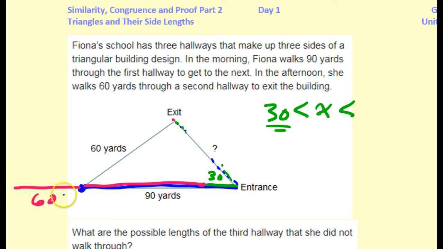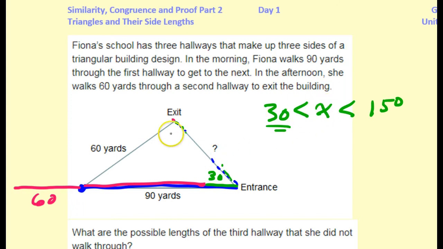I ran out of space on my paper, but you get the idea. So we'd have the 90 and the 60. That's going to give us the upper bound. Okay, so this is going to be 150, is the maximum length that these two sides can possibly make. To make 150, it would have to be flat. So that doesn't make a triangle.